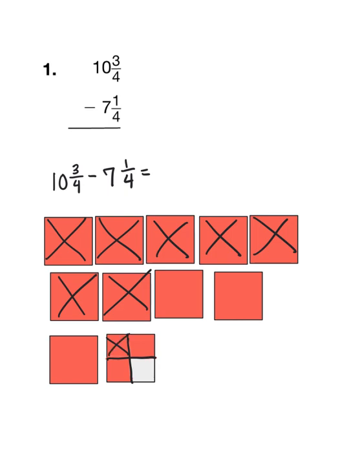What's left? 1, 2, 3, and 2/4. Now 2/4 in simplest form is 1/2. So for this one, the difference between these two amounts is 3.5.